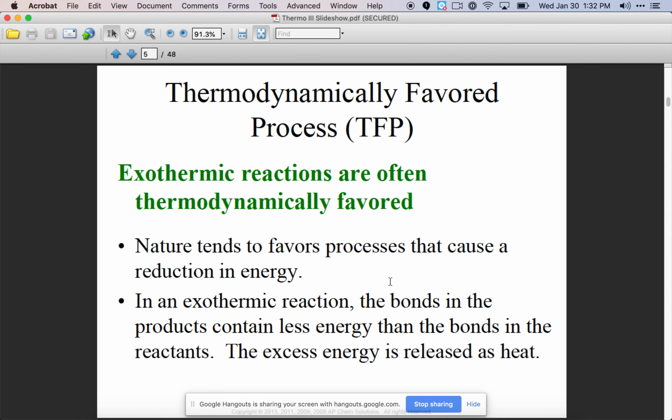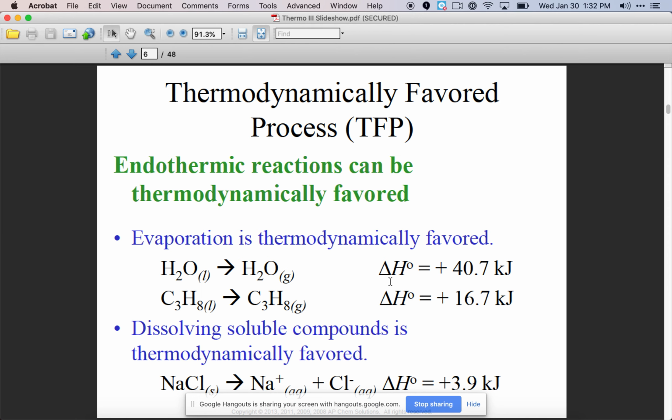I think we talked about this before I left: most of the thermodynamically favored reactions are exothermic, and as a result we get a release of heat. That's all I want to say about that. Endothermic reactions obviously require energy, but occasionally we can have situations where they are thermodynamically favored, and we'll talk about that in a minute.